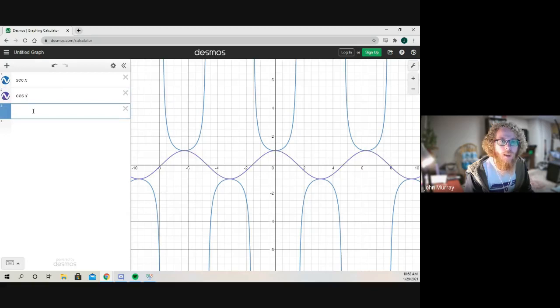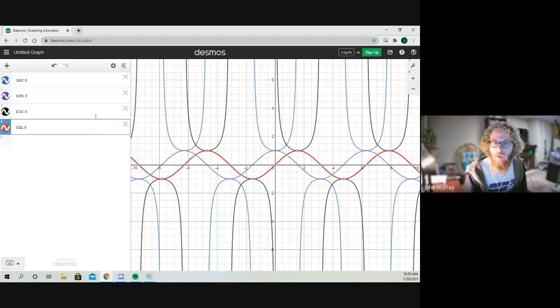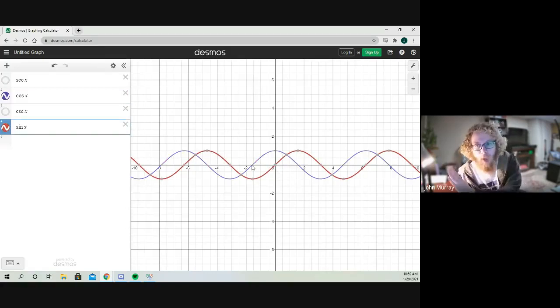All right, so the secant and the cosine have a similar relationship as our cosecant and our sine. You can kind of see, if I get rid of these, I've mentioned this before, but sine and cosine are very similar functions. It's just a phase shift of 90 degrees. The difference between this point here and this point here is 90 degrees. I moved over pi over 2, so I did a translation.